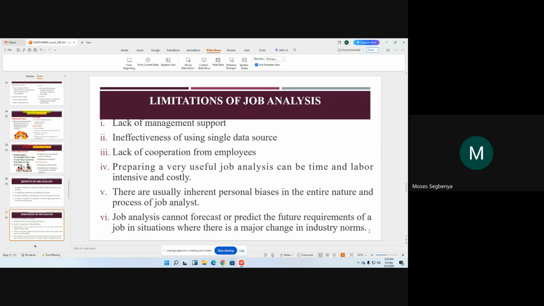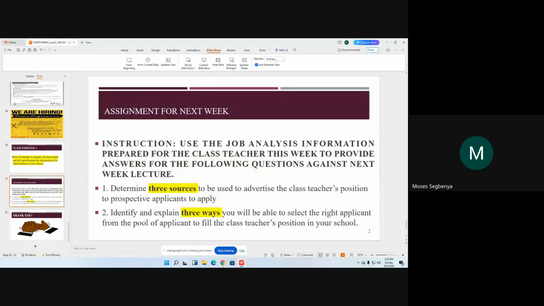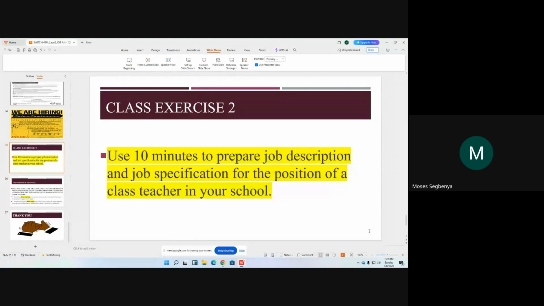Okay. Thank you. Any other question, any contribution? Then start work. Write job description and job specification within 5 minutes for a class teacher position in your school. So you are doing it within 5 minutes.